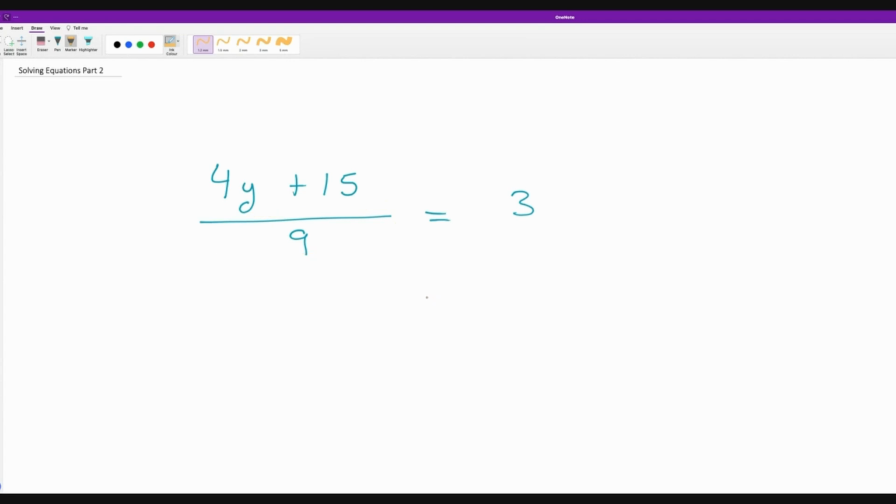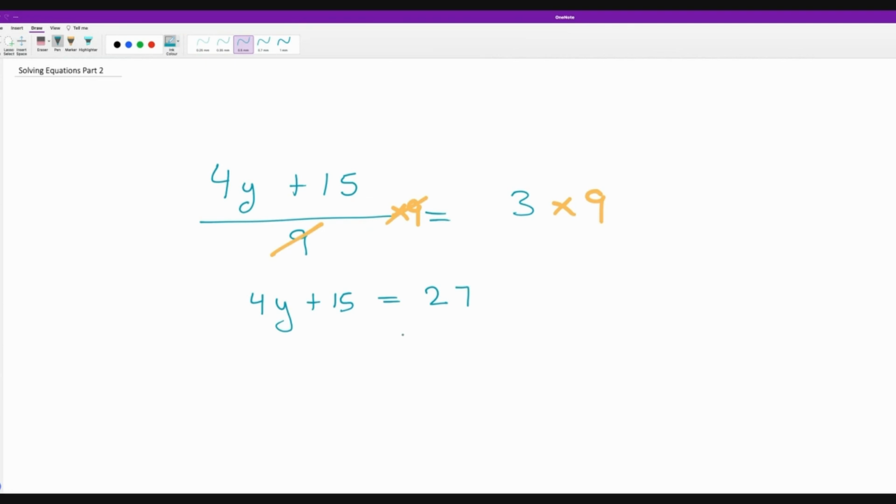To move this divide by 9 to the other side, we multiply by 9 on both sides. In that way, this divide by 9 and multiplied by 9 will cancel, leaving us with 4y plus 15 is equal to 3 times 9, which is 27.